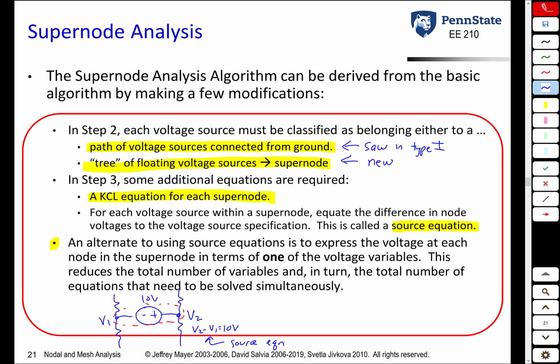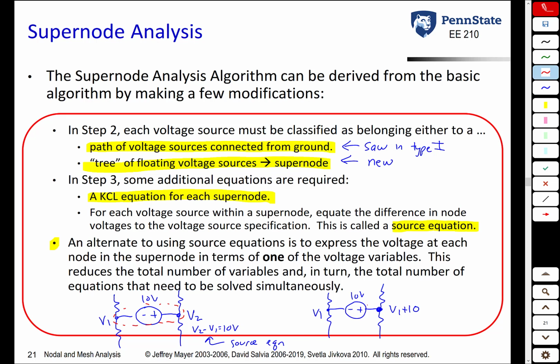An alternative way to handle supernodes when you make our variables, we have V1 here. We have this floating source, this 10 volt floating source here. Rather than introducing another variable V2, what we could do is just call this node at the right, we could call its voltage V1 plus 10 volts.